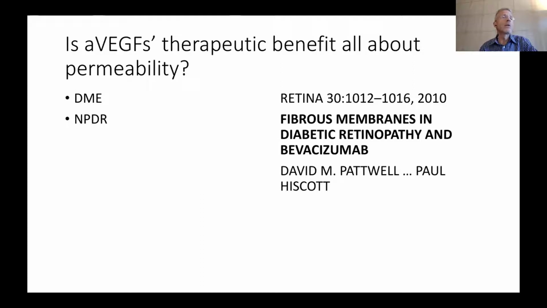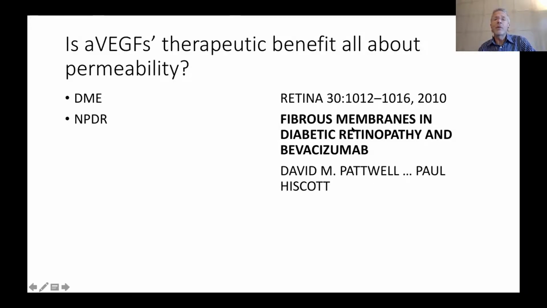Instead, there are just leaking, dysfunctional blood vessels, but you don't want to regress those blood vessels. Those are the retinal vessels that the retina depends on. So here, the therapeutic benefit of anti-VEGF is not about regression. It is about calming, overcoming the permeability.